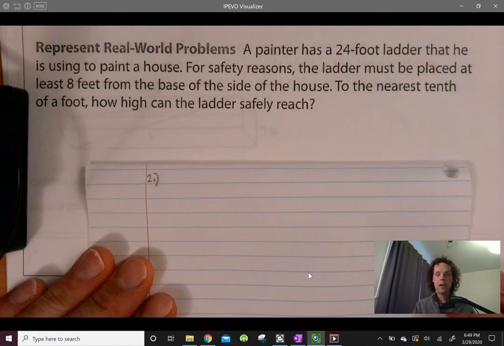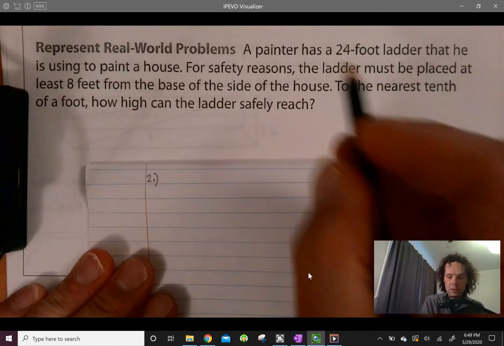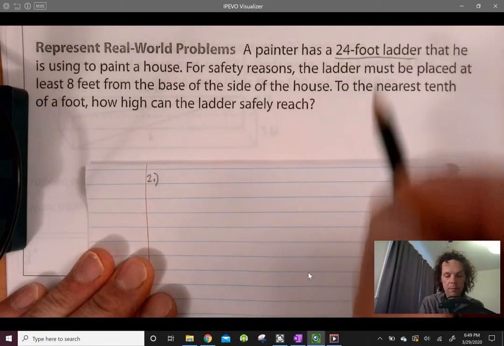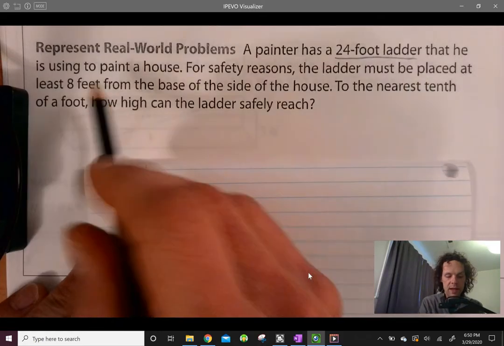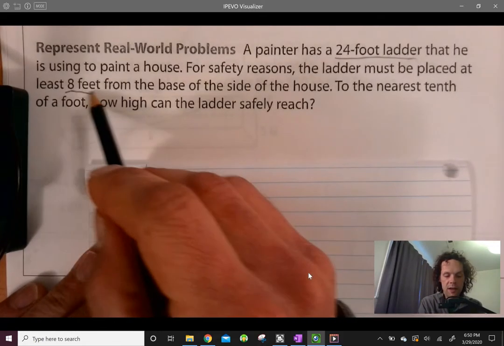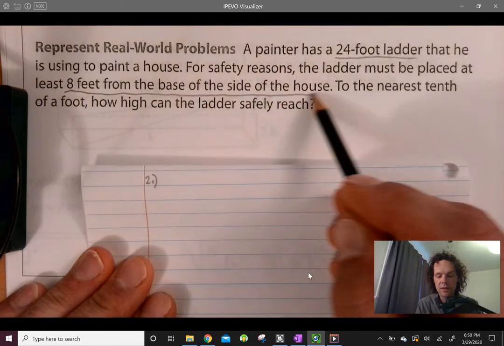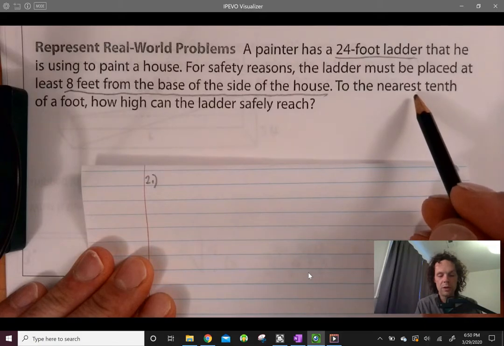Okay, a painter has a 24-foot ladder that he is using to paint a house. All right, so a 24-foot ladder. For safety reasons, the ladder must be placed at least 8 feet from the base of the side of the house. To the nearest tenth of a foot, how high can the ladder safely reach?